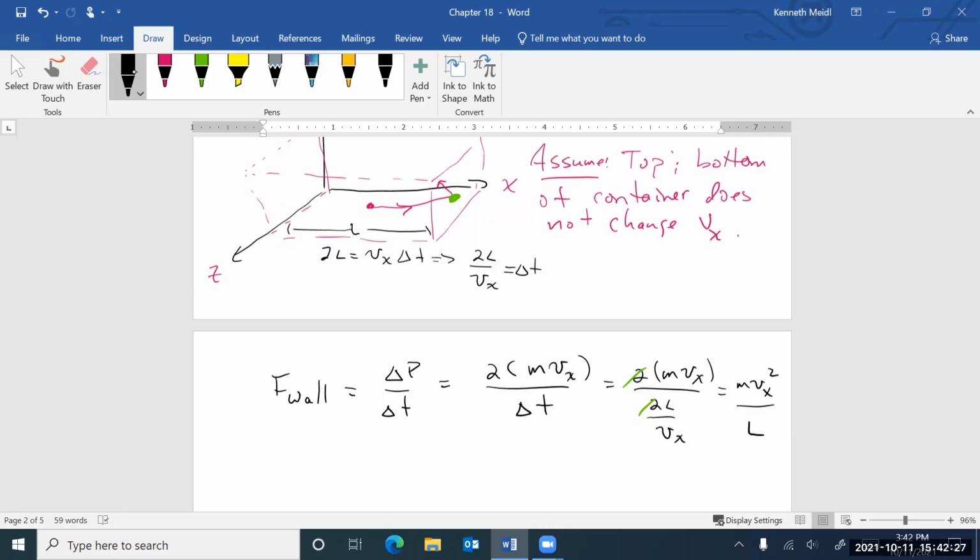Now, this is for one collision on the wall for one meatball, right? One meatball hit this wall and bounced off, and it did so elastically, right? So I'm assuming right in here that this was an elastic collision, just like above in that example.